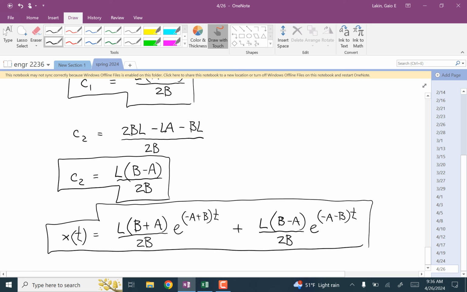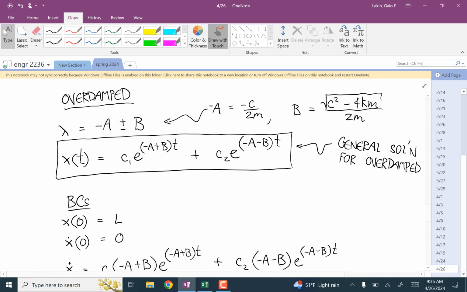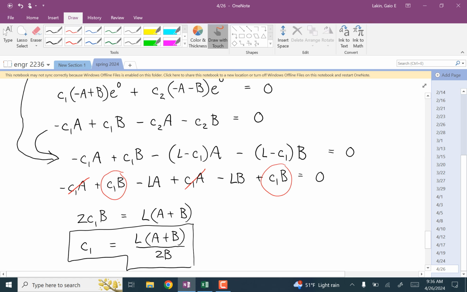Okay, so that's our solution. A and B, remember, are just things we replaced earlier. If you replace those in the equation, it's kind of a messy equation, but that's all right.